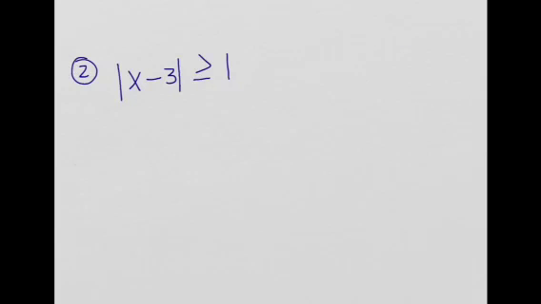Alright, now let's try an absolute value with an inequality. So again, we're going to write this into 2 equations. This is going to be x minus 3 is greater than or equal to 1. And now when we write our second one, x minus 3, we're going to use the mega minus man, because he is going to not only change the sign, but he's also going to make this a negative 1.